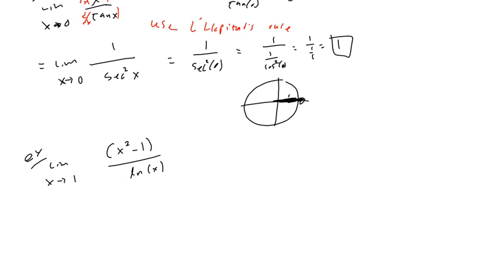The limit as x approaches 1 of x squared minus 1 over ln of x. Well, if we plug in 1 squared minus 1 over ln of 1, 1 squared is 1, 1 minus 1 is 0. ln of 1, if you plug that into a calculator, you're going to get 0. So we know that we get a 0 over 0 for this problem if we plug it in. So we can use L'Hopital's rule and find the derivative of the top and the derivative of the bottom.